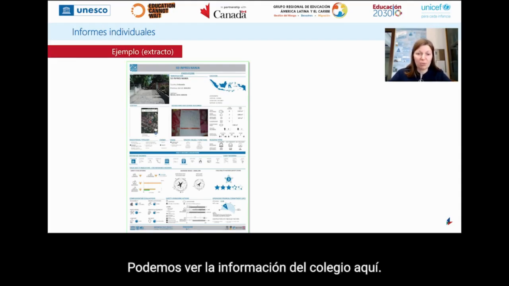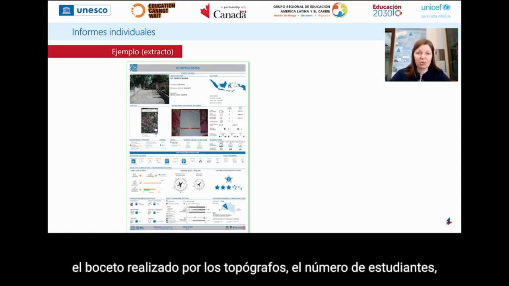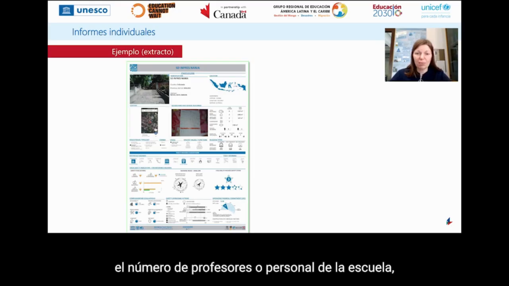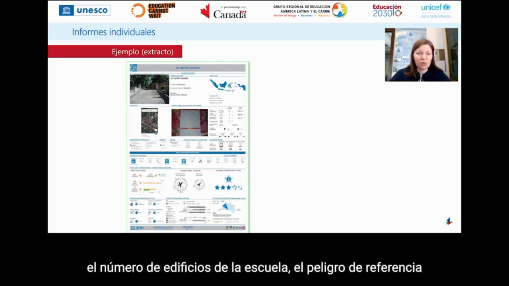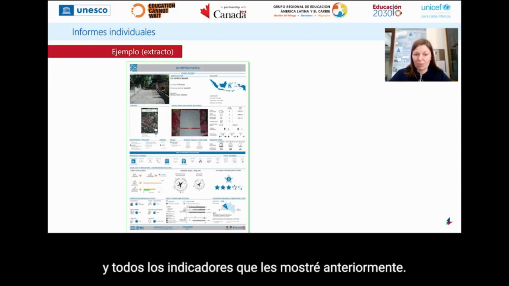We can see the information of the school here, with its school code, the picture of the school, the sketch done by the surveyors, the number of students, the number of teachers or personnel in the school, the number of buildings in the school, the reference hazard used for the evaluation, and then the summary outcomes for the entire school complex, using the VISUS safety stars, the VISUS multi-hazard safety stars, and all the indicators I previously showed you.